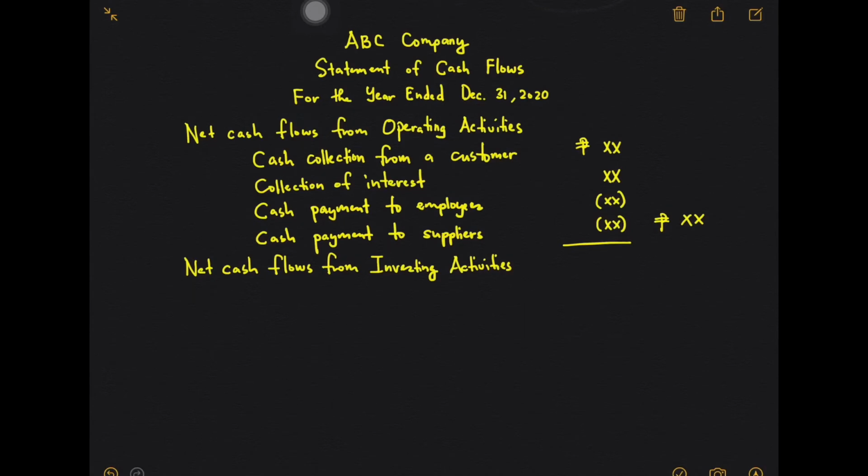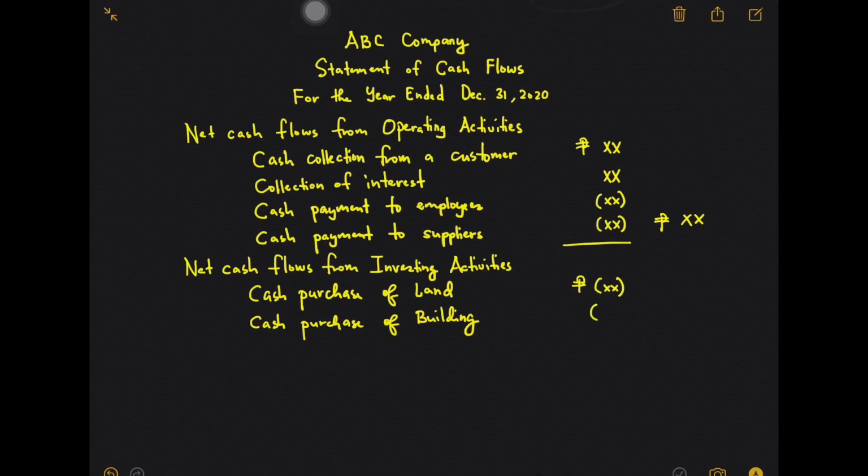For example, cash purchase of land and another is cash purchase of building. And since this is payments, you will start the amount with a value that is enclosed in the parentheses, meaning it is deducted. And then for the building, it's also deducted. So what you do is just get the total. It's negative.